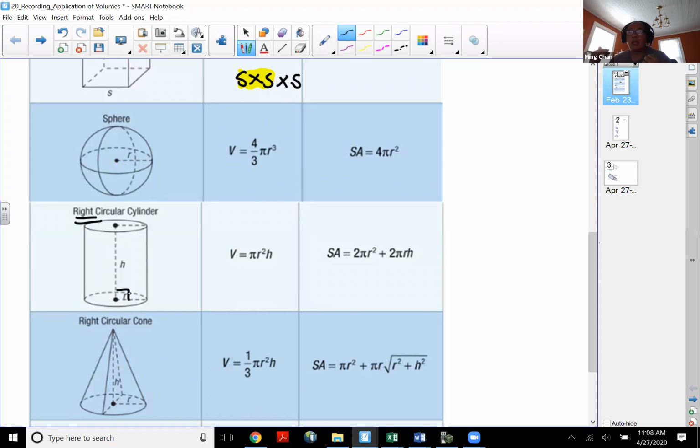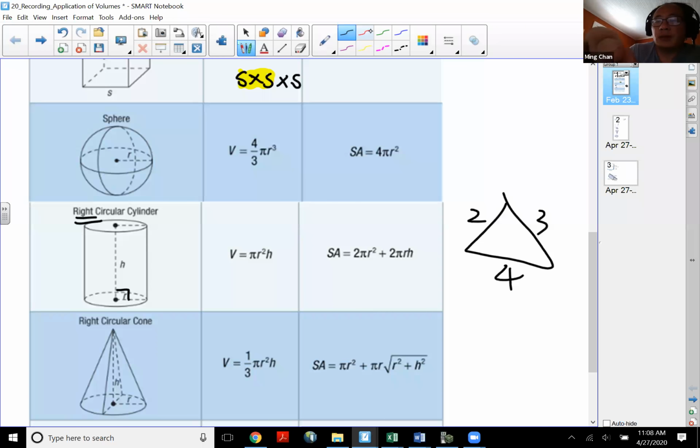You know, if you have a triangle, how do you know which side is the base of the triangle? If I give you three sides, 2, 3, 4, which side is the base?